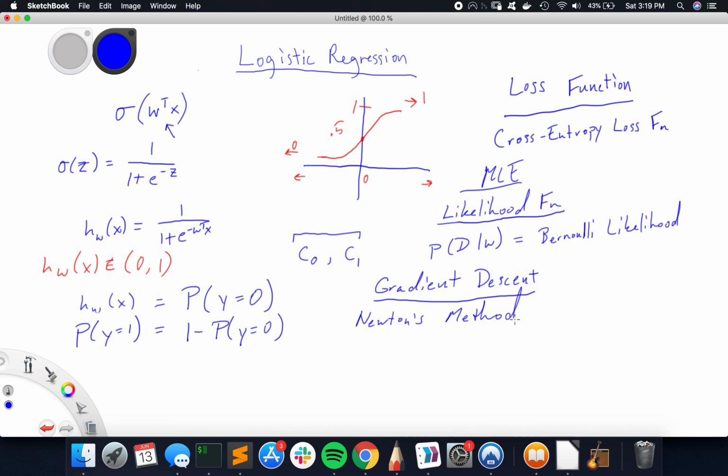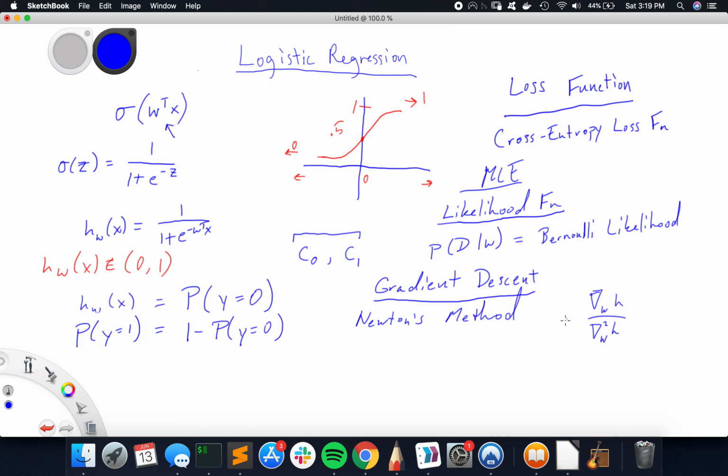The other way you can train this one is using Newton's method. If you remember Newton's method from calculus, it uses a ratio of the gradient of h with respect to the Hessian of h, so the second derivative of h, basically.